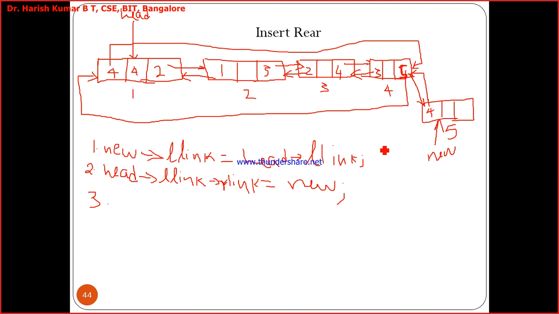New arrow R link is equal to head. Here you got to store the address of what node? Head node. Okay, new arrow R link is equal to head.